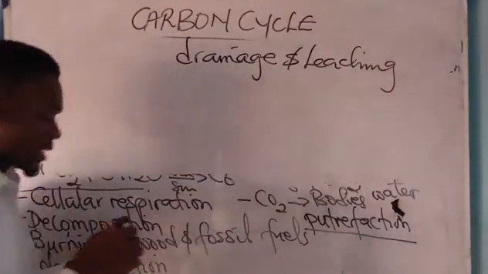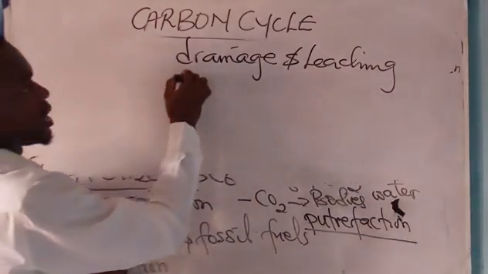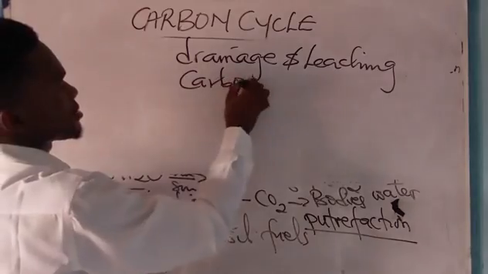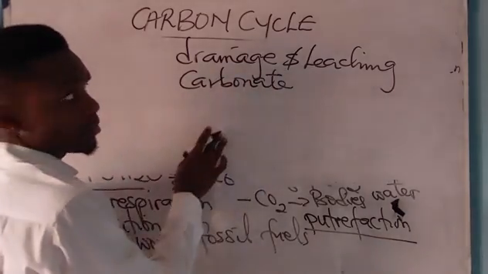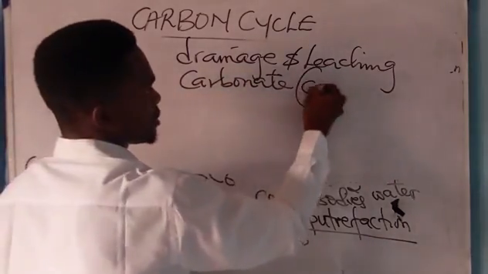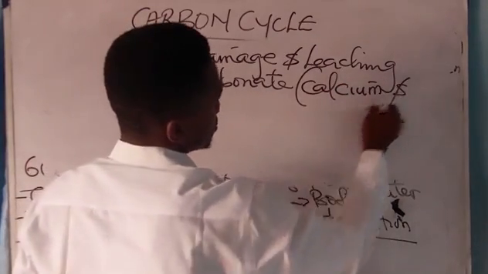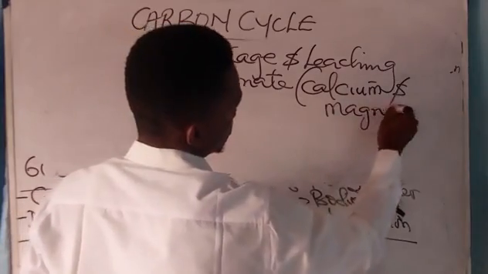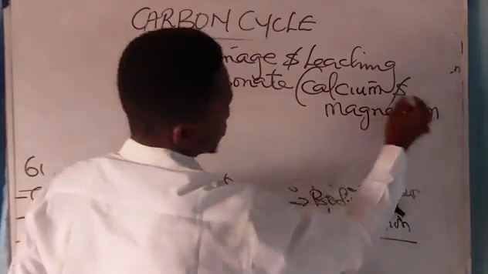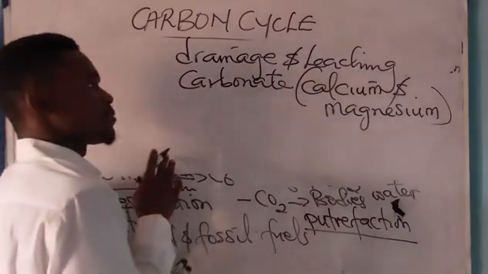When carbon is lost as carbonates, like in the form of calcium and magnesium, you can see the process is called what?